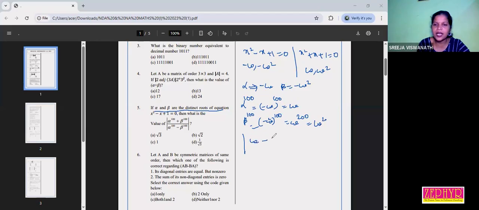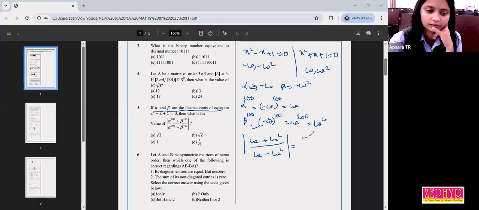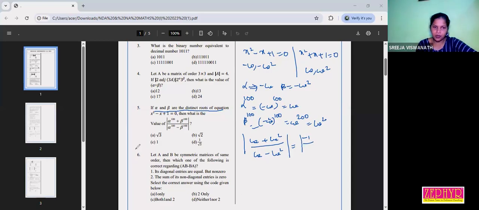Alpha raised to 100 plus beta raised to 100 by alpha raised to 100 minus beta raised to 100. Let's solve. What is omega plus omega square? -1. Omega minus omega square, you have to find the value.